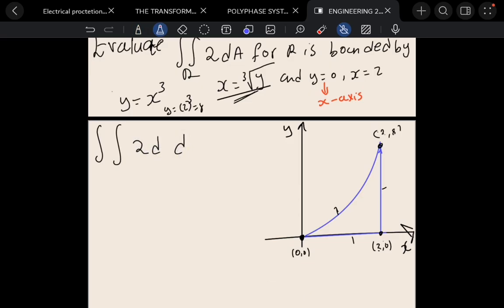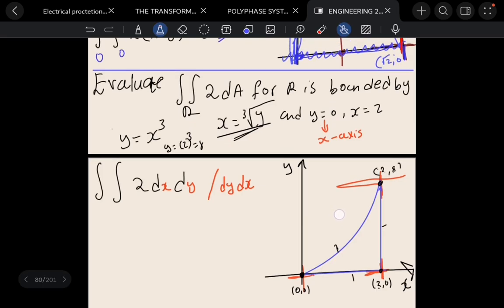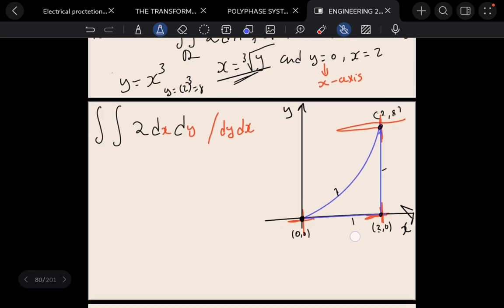Now when you go to the 4 points, none of these goes through the region. So it means that we can do dx dy or dy dx. I'm just going to leave homework for you guys to find dy dx.